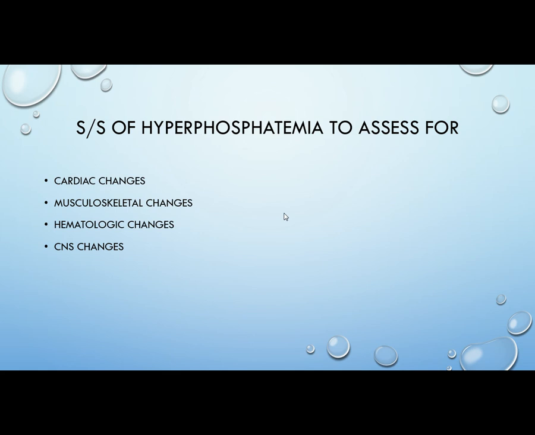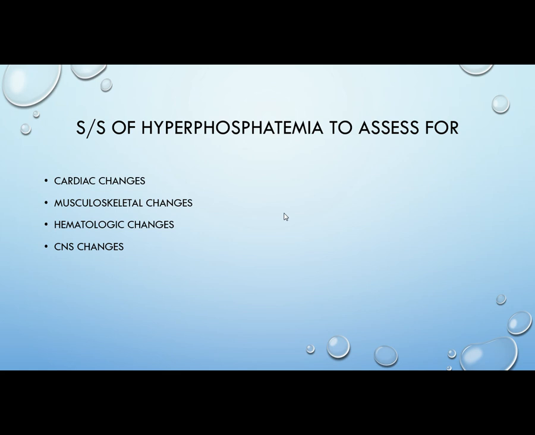You're going to see weak skeletal muscles that can progress to rhabdomyolysis, okay? With the muscle weakness, be aware of the respiratory effort, because the muscle weakness can lead to respiratory failure. So anytime you hear muscle weakness, you also think about your respirations, okay?